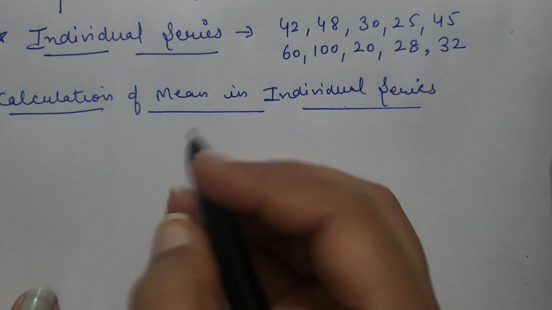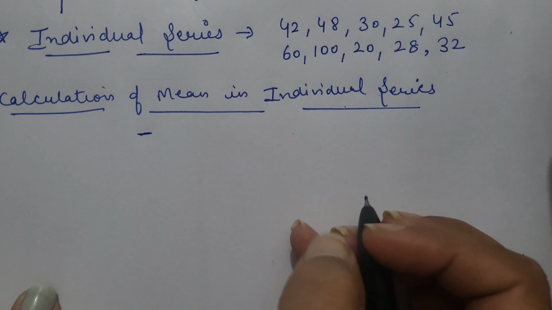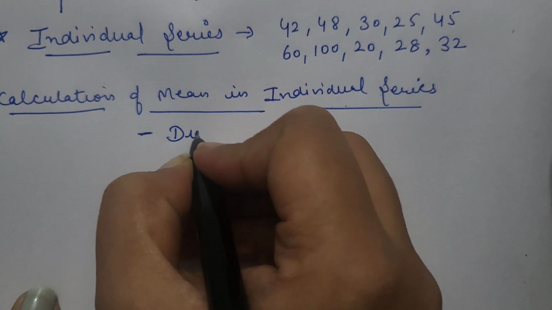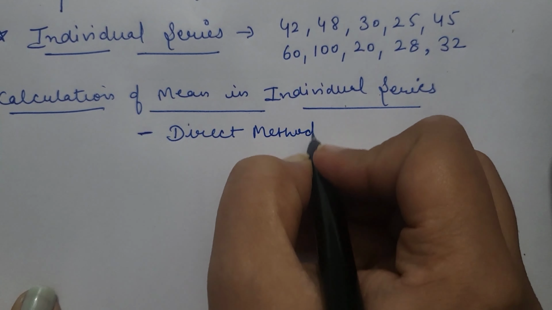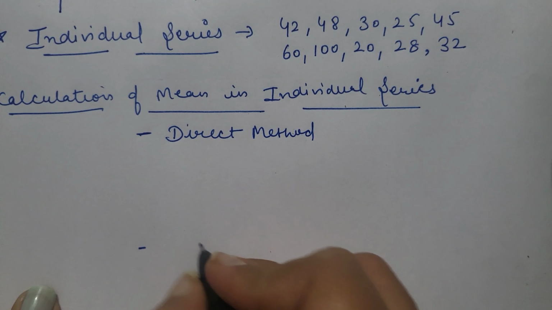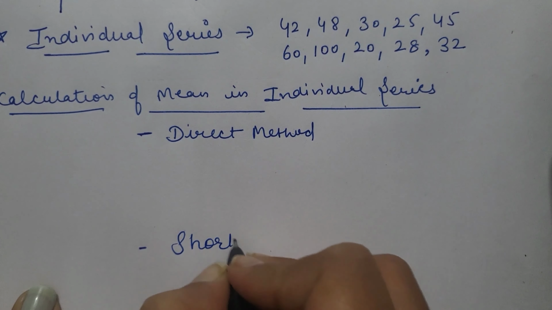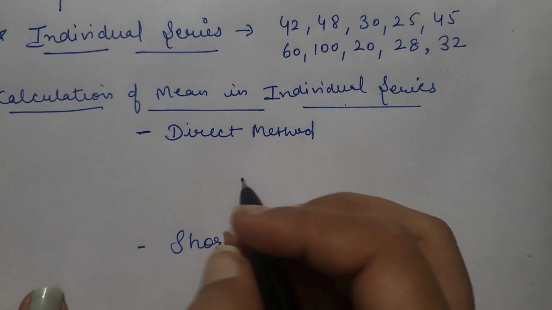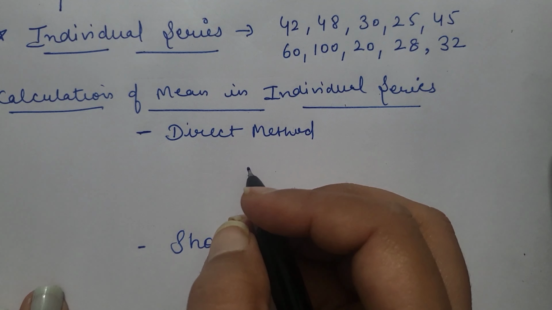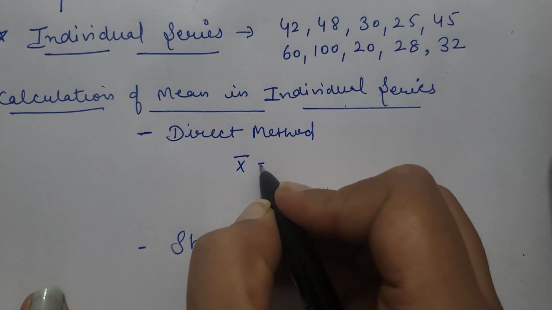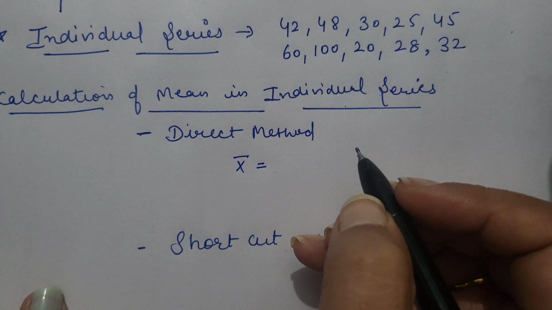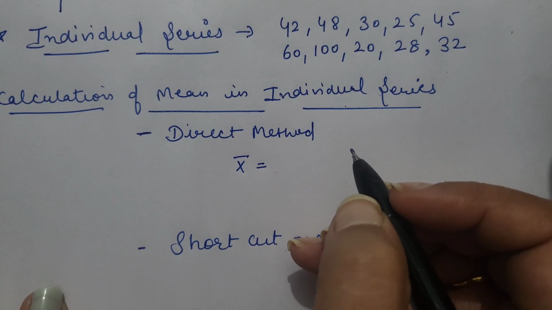To calculate mean in individual series, we are having two methods. First method is direct method, and second method is known as shortcut method. In direct method, calculation of mean is very easy. Here, mean can be calculated by adding all the observations.